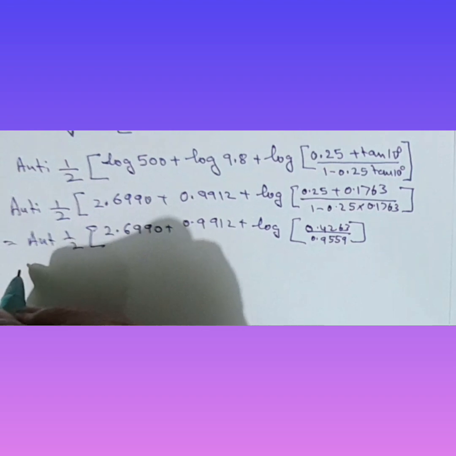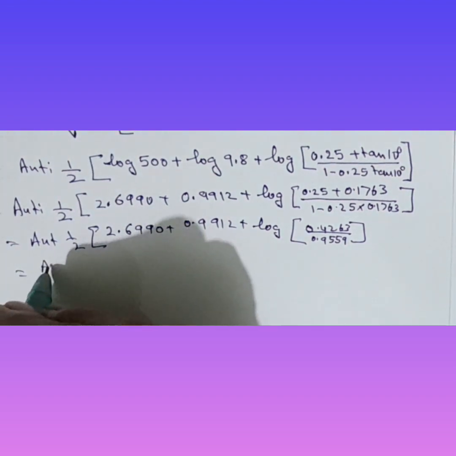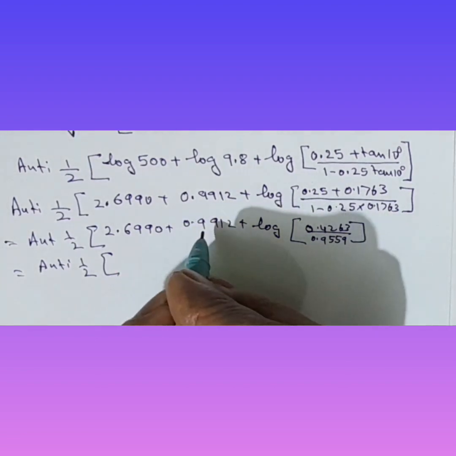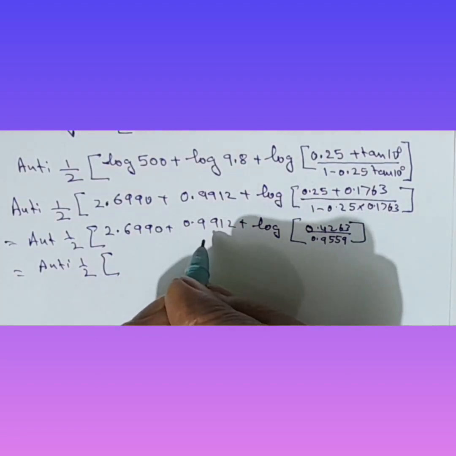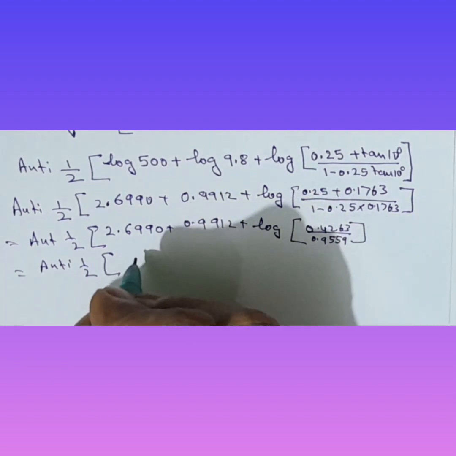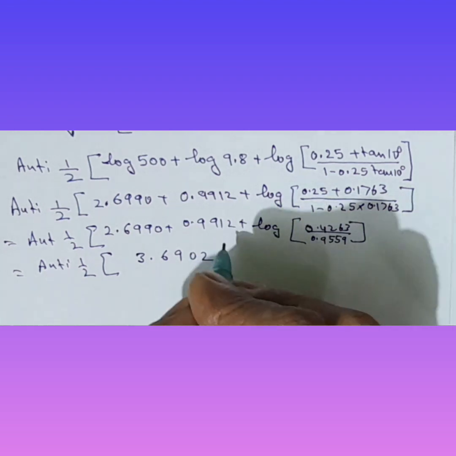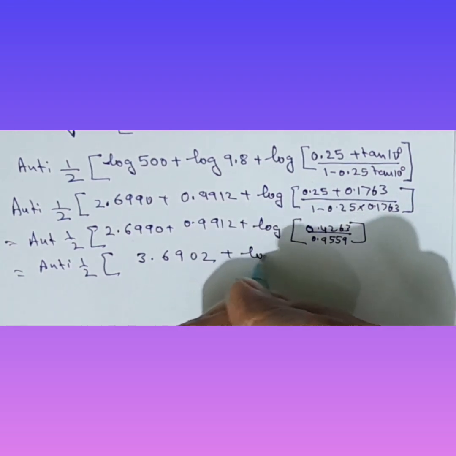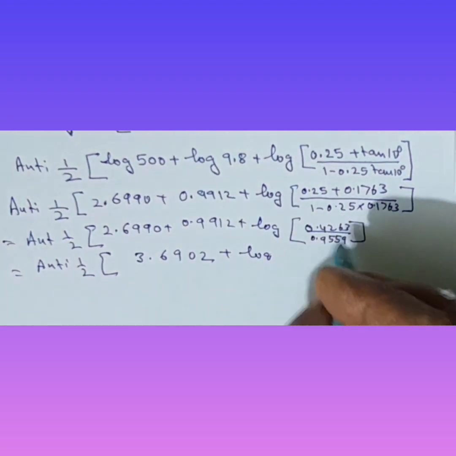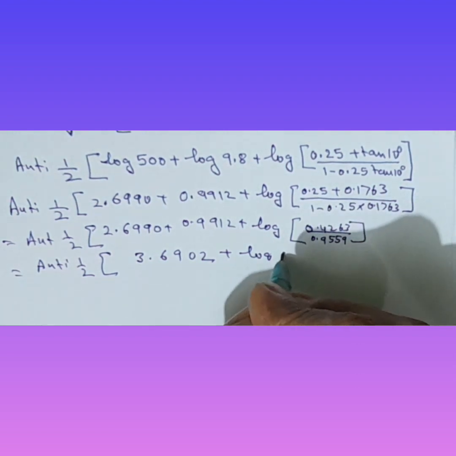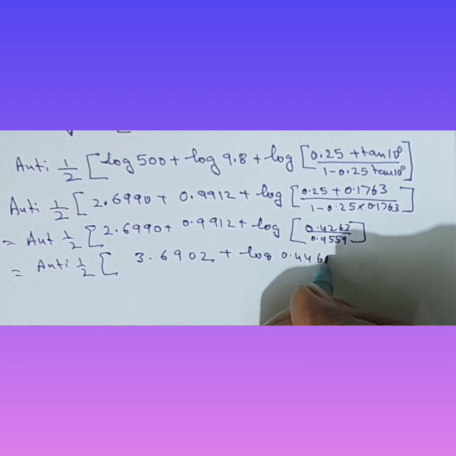Then what we do is anti-log half of, if we add these two up, it would be 3.6902 plus log of, on calculation what we end up with is 0.4460.